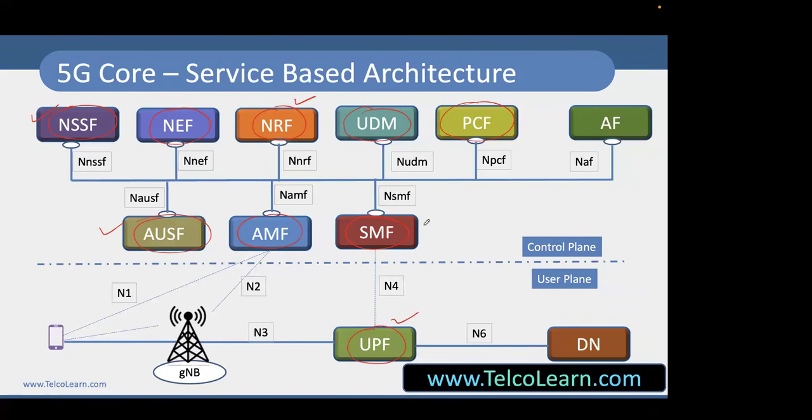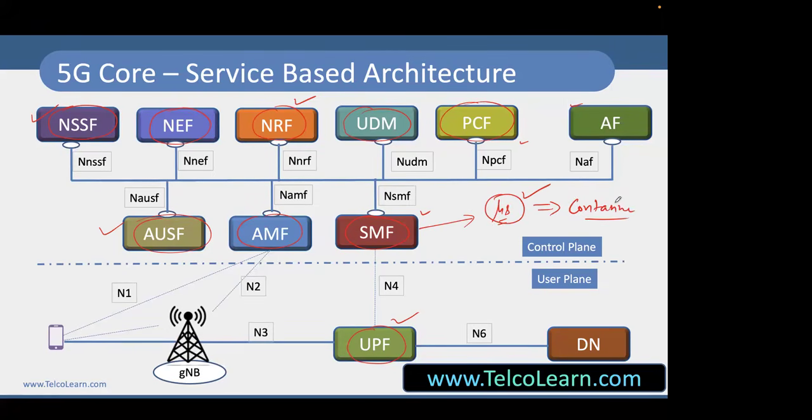Interestingly, all these boxes that you see here are not really hardware boxes. They are basically a collection of microservices. That means the AMF and SMF, or any other network function for that matter, are not created as a single function, but as a collection of microservices, and they are all hosted in containerized environments.